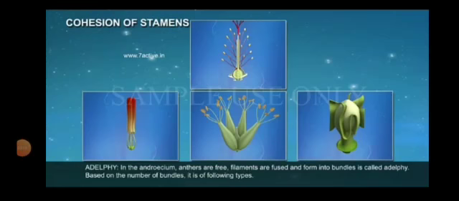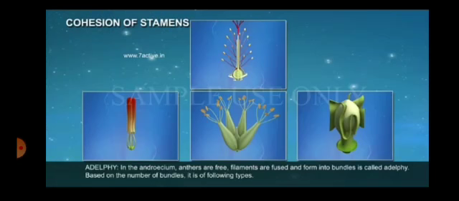So children, this you can see in these pictures. The stamen, the first one, has the filament and at the top is the anther. Second and third pictures, one by one we will see. First of all, the first condition in the cohesion of stamen is Adelphy. So what is Adelphy?